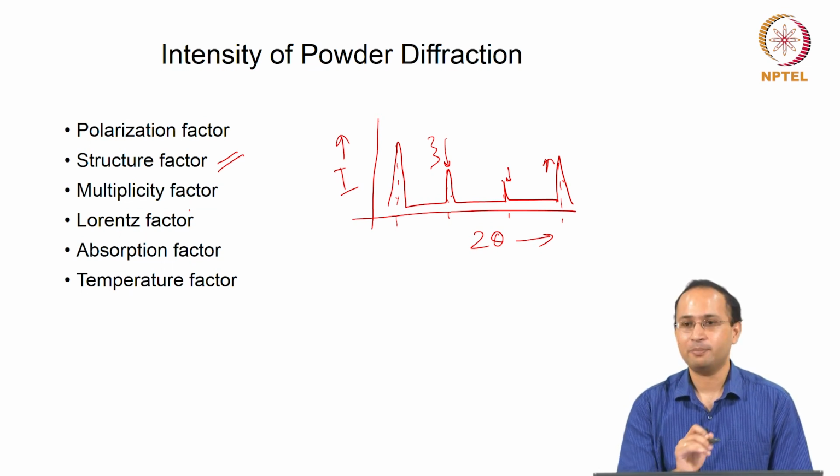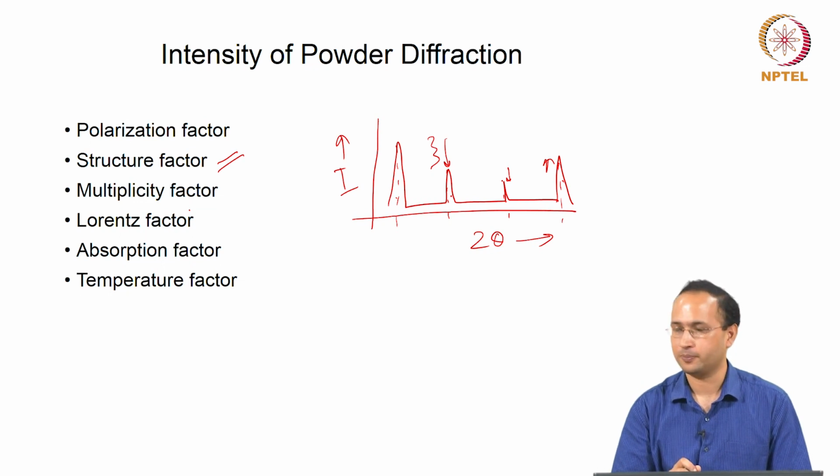Then the multiplicity factor, which depends on the planes. Some planes are more likely to diffract than others, so you have to take this into account. Absorption: part of your X-rays will be absorbed by the sample, so it is important to know this absorption phenomenon. Similarly, temperature, because temperature will affect your thermal vibrations, and that also will affect the intensity.